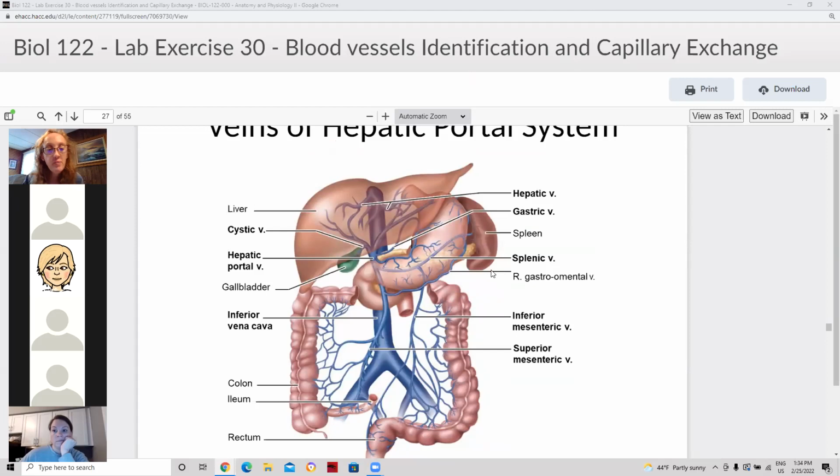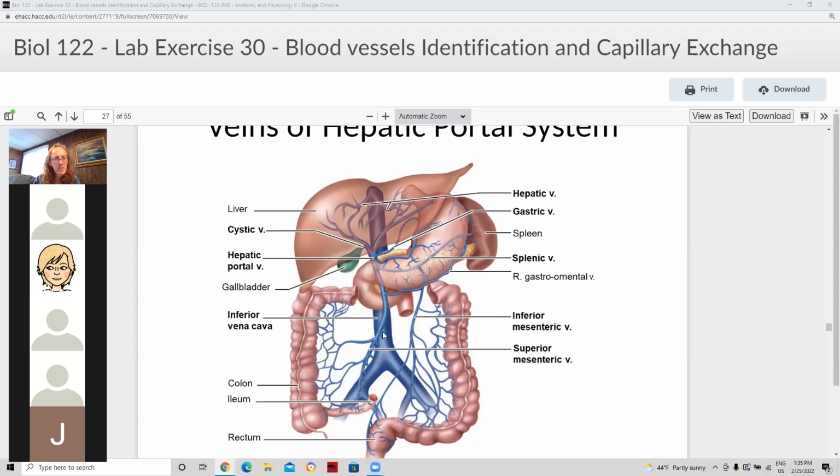The hepatic portal vein is going to be an emerging of multiple veins that are going to drain into the liver.